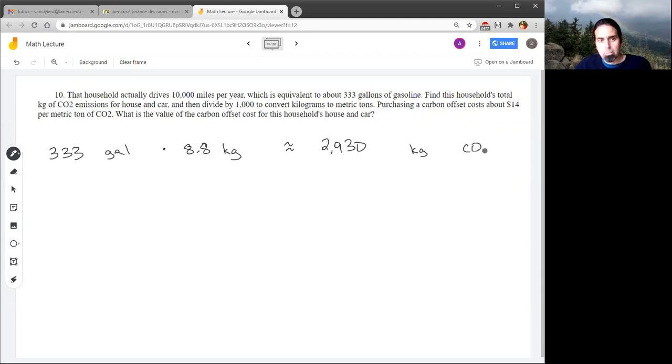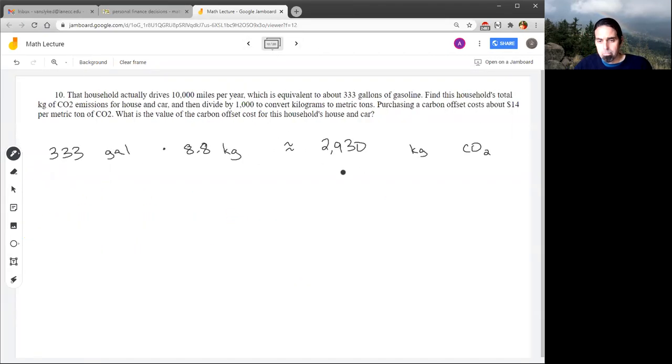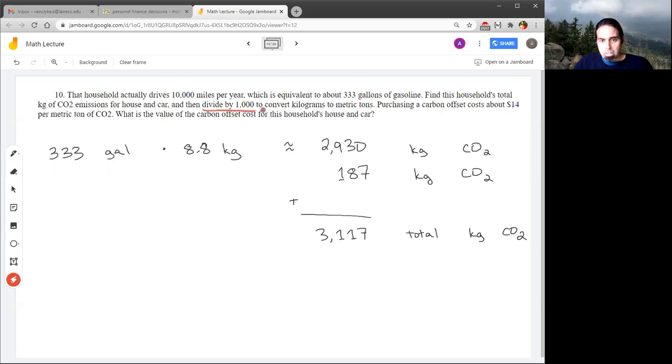Kilograms. Their house was 187. We add that together and we get 3,117. So that's kilograms of CO2. If we divide by 1,000, we convert from kilograms to metric tons.